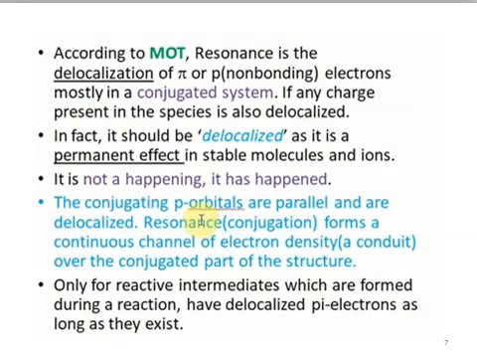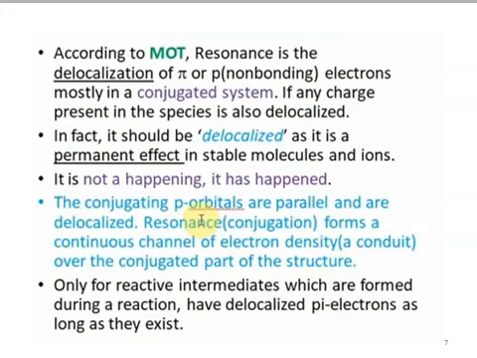Now according to MOT, so previously we used the concept of VBT, now we are using the concept of MOT, molecular orbital theory. According to molecular orbital theory, resonance is delocalization of pi electrons or p electrons, right? So the p electrons are non-bonding, they are unhybridized as per hybridization.